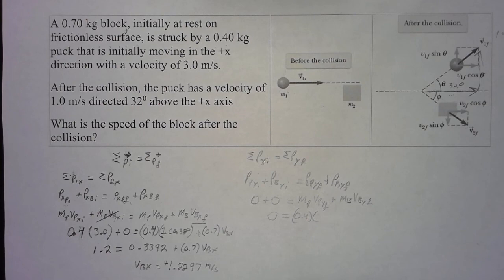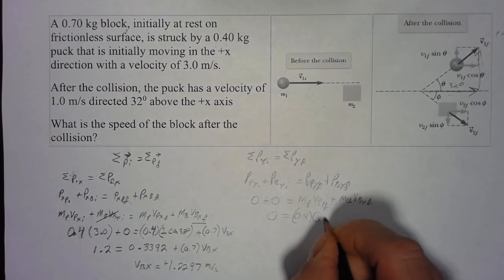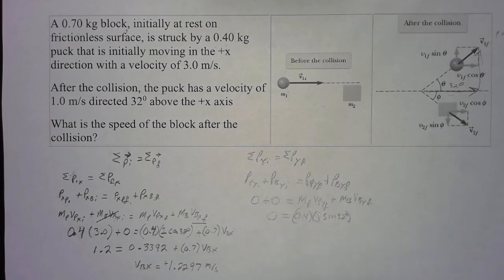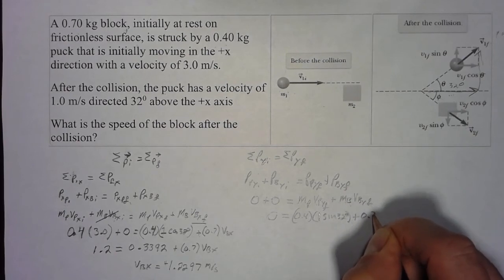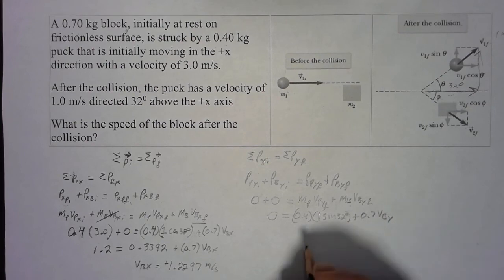That's going to be 1, the speed, times sine of the angle, 32 degrees. Make sure you're in degree mode. And to that we will add the mass of the block, that is the 0.7, times its velocity in the Y direction.